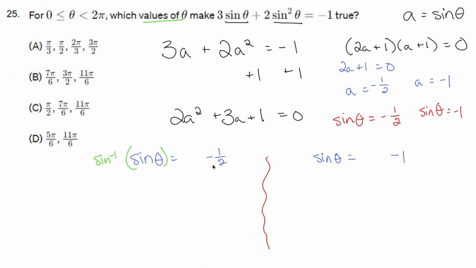What that does, by inverse signing both sides, is that crosses out the sine. So now I have theta equals the inverse sine of -1/2. Now, the inverse sine of -1/2, let's think of what sine is. Sine is a y value, so all of that happens underneath the x-axis.